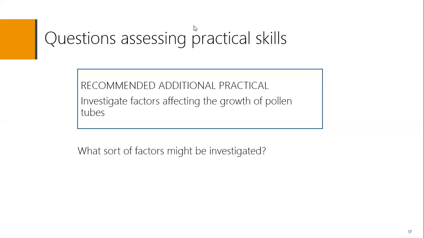And we're getting some good examples of what you might change or investigate: temperature, concentration of minerals needed for growth, the age and type of pollen, the pH that it's grown in, concentration of glucose. That also is important.